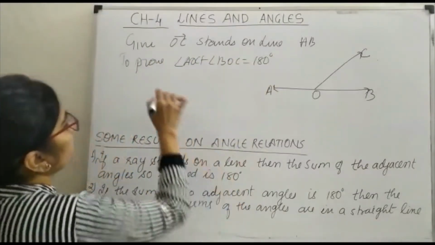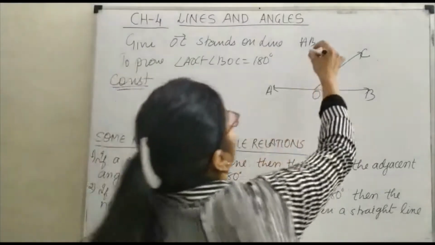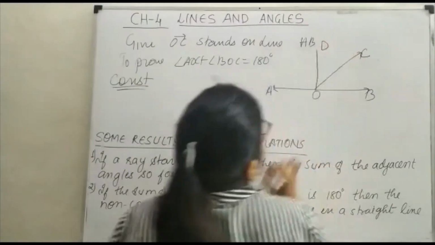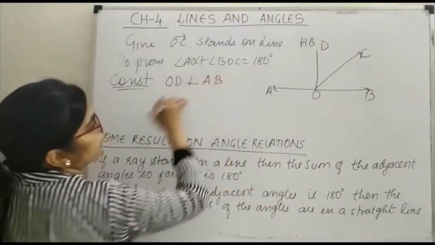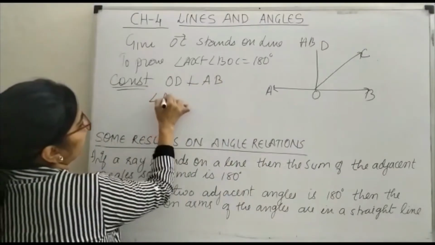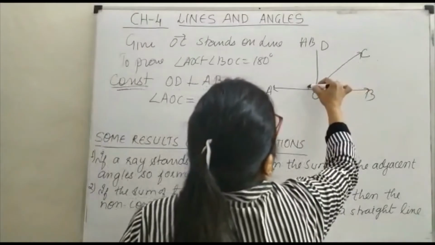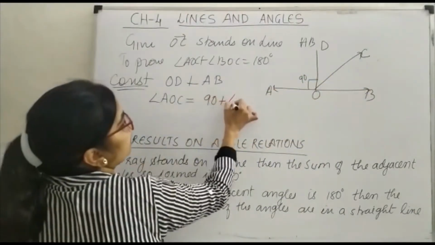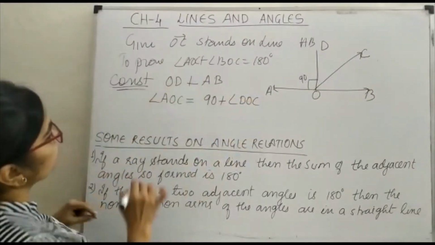Because you have to show that this is a 180 degree angle, we will make a construction here. We'll draw one perpendicular. You can see here OD is perpendicular on AB. Now just find out angle AOC. Your angle AOC is equal to, this is 90, so this will be equal to 90 plus angle DOC. Find out angle BOC.